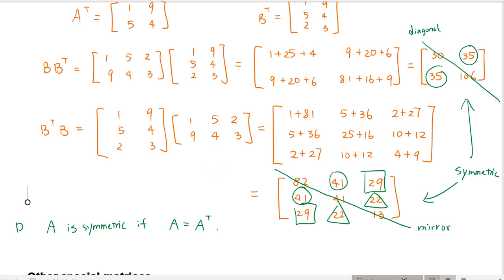Alright, so this is the definition, and we know that A times A transpose and A transpose times A are symmetric. Okay. So far so good, everyone? Let's continue.